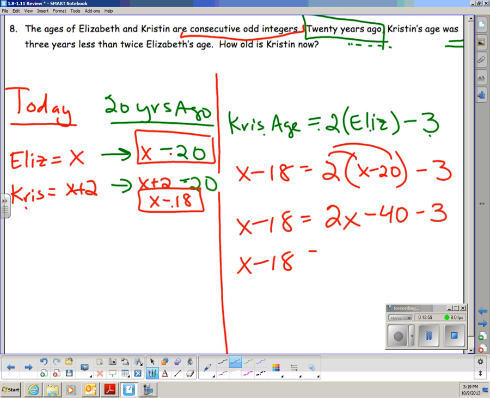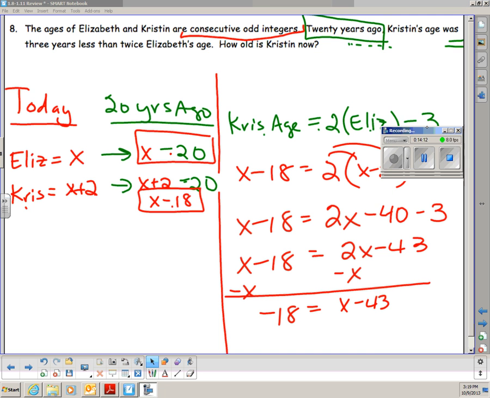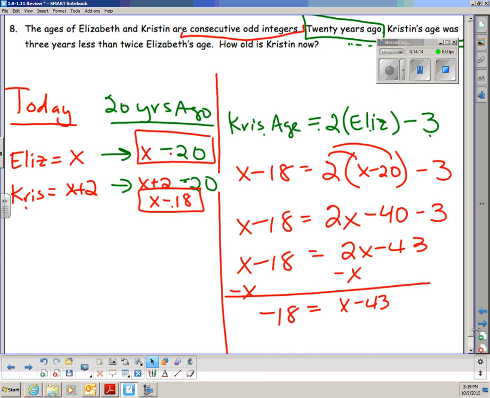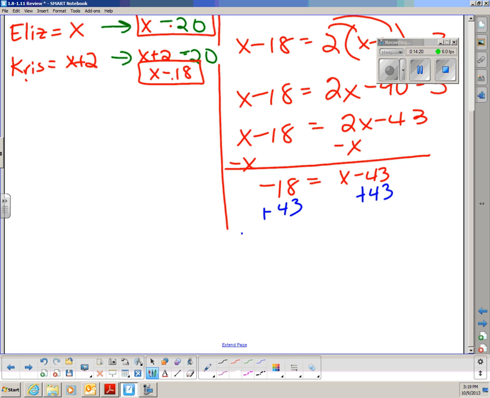So I have x minus 18 equals 2x minus 43. Subtract x from both sides. We get negative 18 equals x minus 43. We'll add 43 to both sides. And so x is 25.